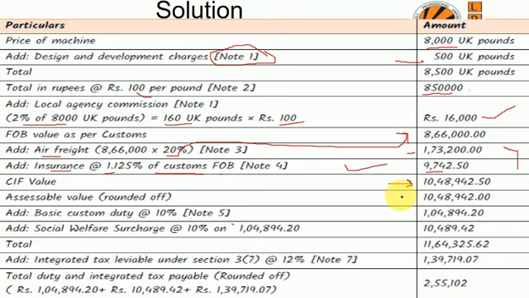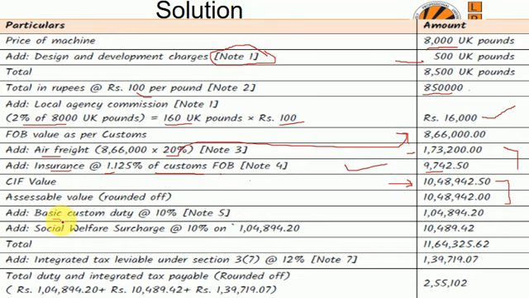Earlier, just to remind you again, loading charges were usually added in the CIF value, previous to the government notification. After adding that loading charges, we come to the assessable value. But as per the latest notification, loading and unloading charges do not have to be added into the CIF value. So the CIF value and the assessable value are almost similar, but we have to quote them differently.